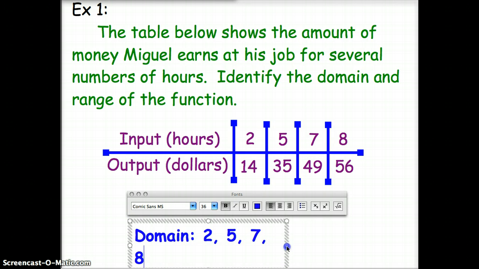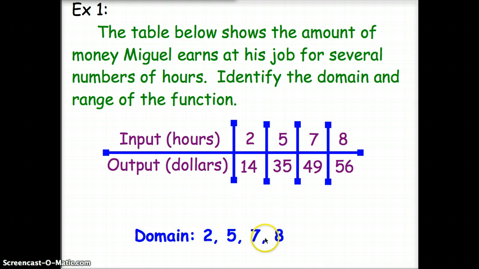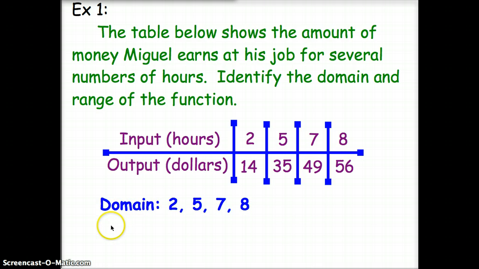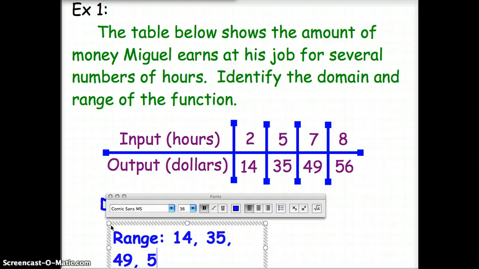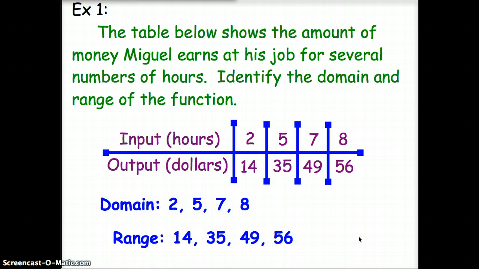So our domain in this case is 2, 5, 7, and 8. Our range is just how you would answer those questions. So our range is 14, 35, 49, and 56. And that's all you have to do for this problem.